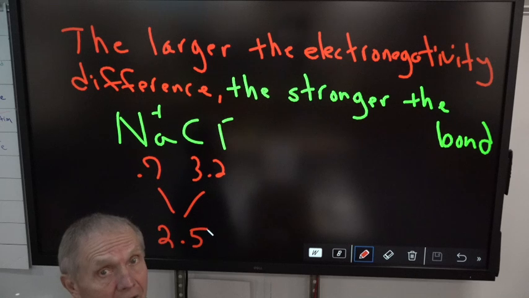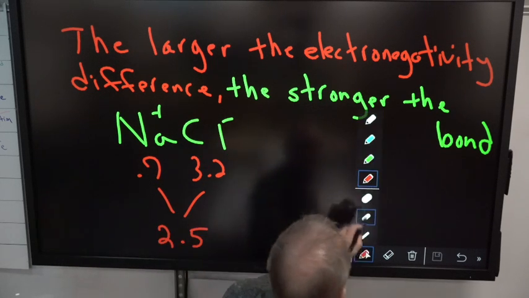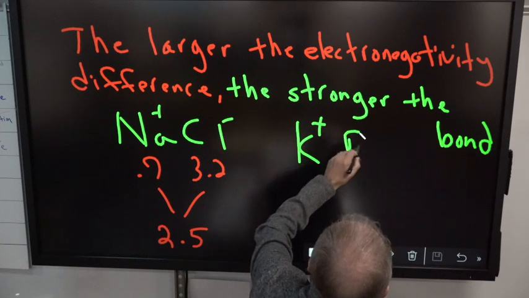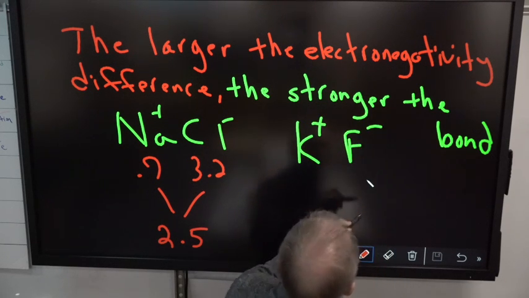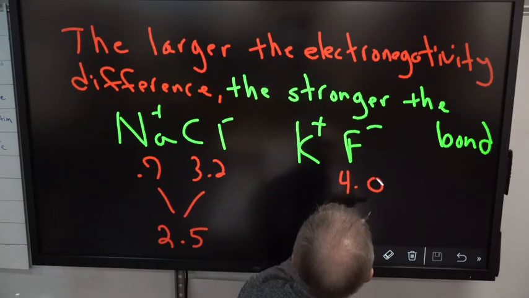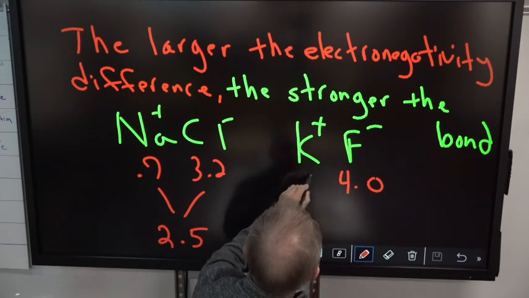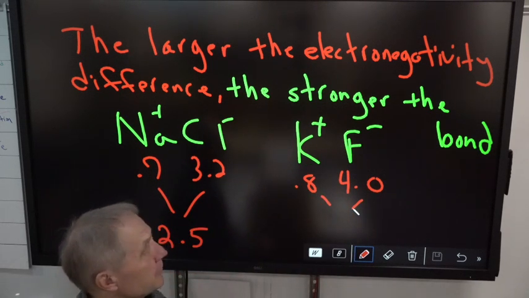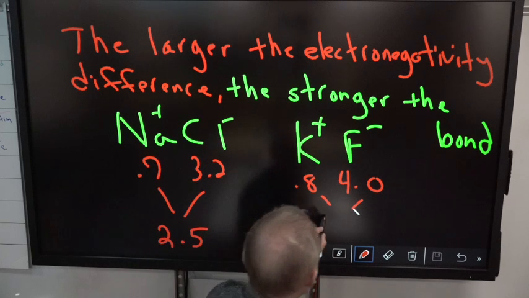All right, now let's try another ionic compound. Let's go with K plus and F minus. Well, you know that F minus is 4.0 and K is a 0.8. So the difference there is 3.2.